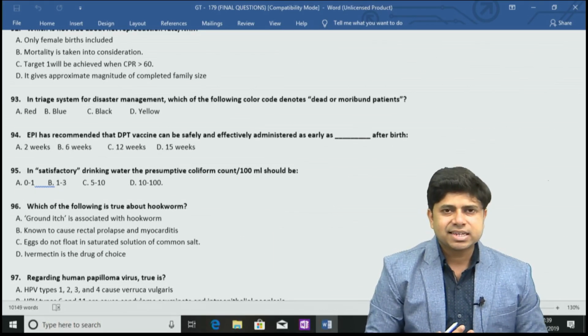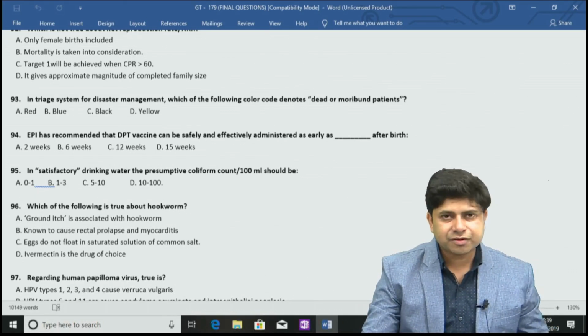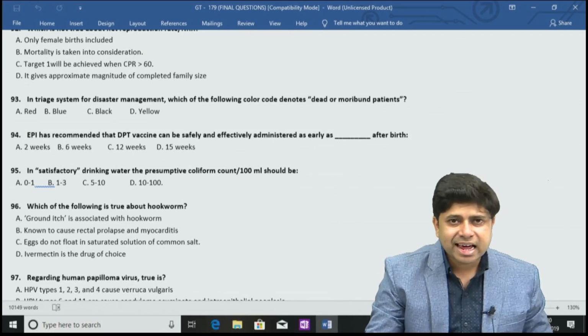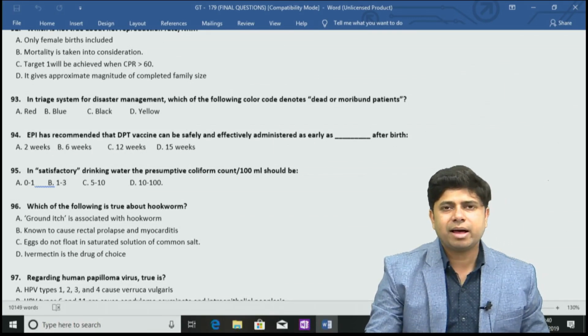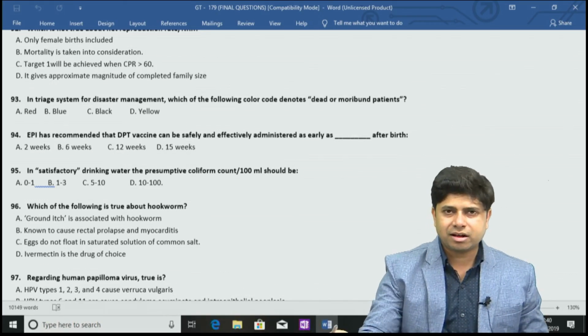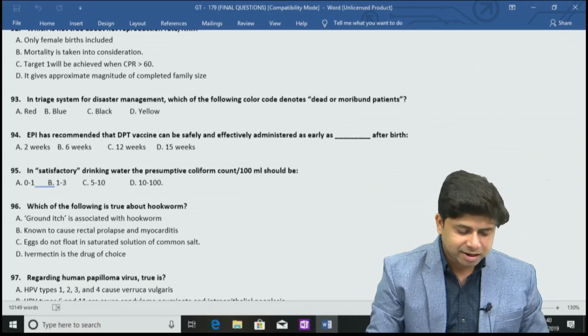Coming to the eggs, these float in the saturated salt solution, and these are habitual blood suckers. Habitual blood suckers, the Ankylostoma duodenale, that is why they are a cause of anemia also.